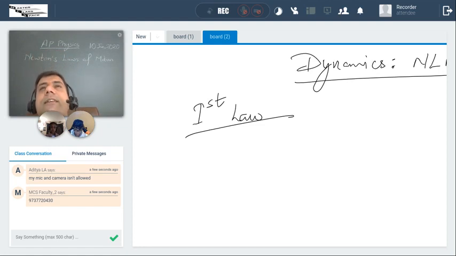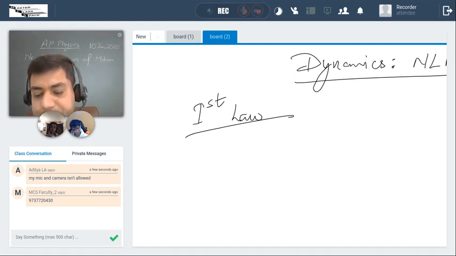The first law gives you the concept of equilibrium, which is very important. Now, what is equilibrium? Equilibrium means a body is at rest or a body is moving with constant velocity. How is that possible? Equilibrium means all the forces acting on the body are balancing each other.